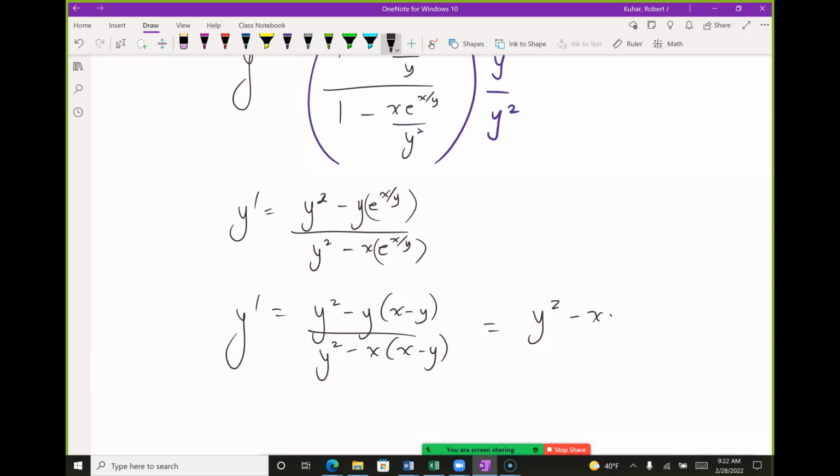Y squared minus xy plus y squared. Is that right? Yep. And then I have a y squared minus x squared plus xy. It's not really that interesting.